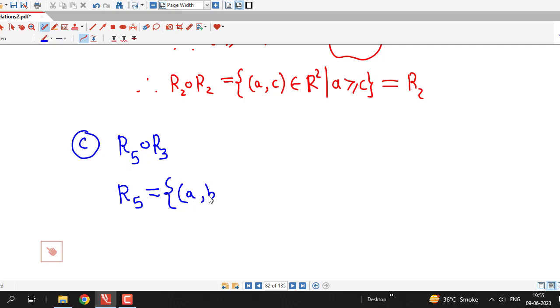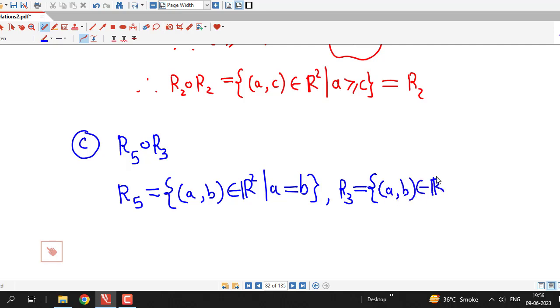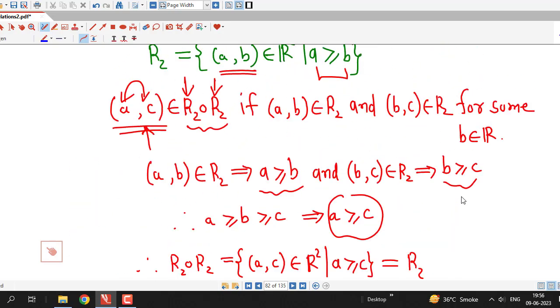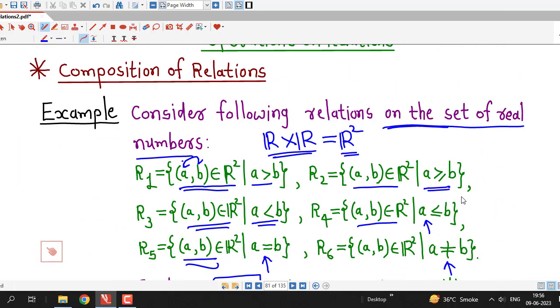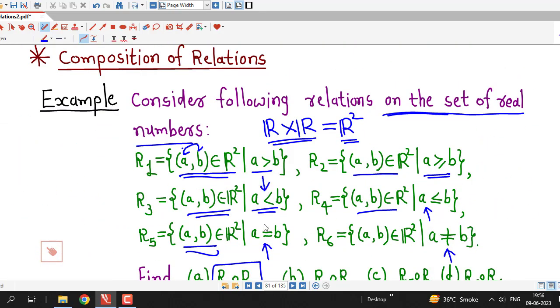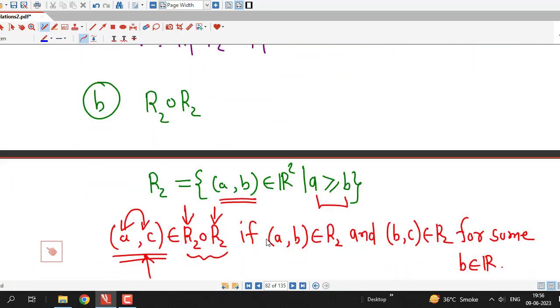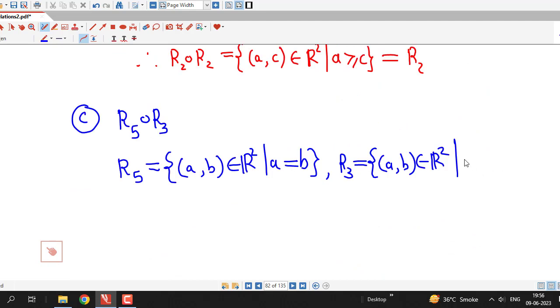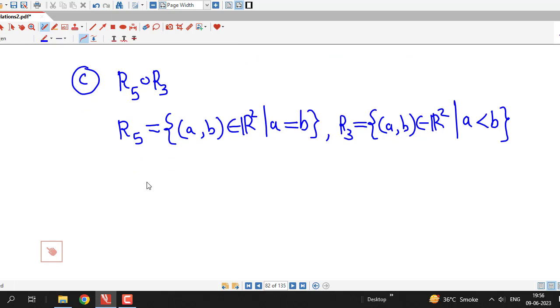R5 is the set of all those ordered pairs (A, B) in R2 such that A equals B, and R3 is the set of all those ordered pairs in R2 such that, let me check again what R3 and R5 are. For R3 the condition is A less than B, for R5 it is equality. So let me write R3 here. R3 is the less than relation, A is less than B.